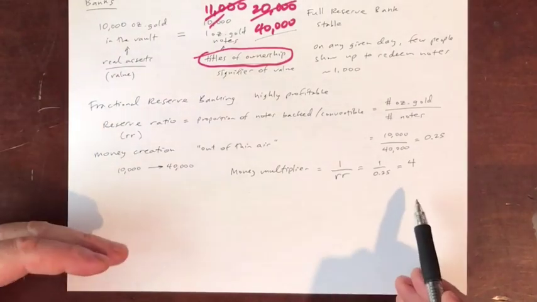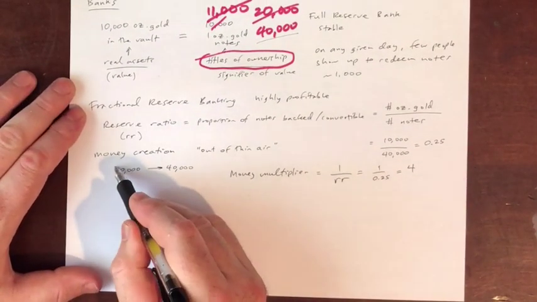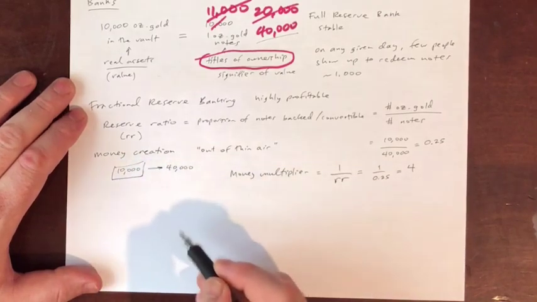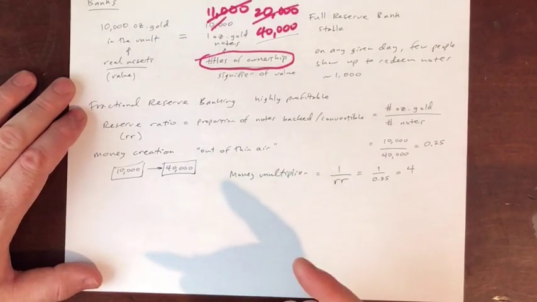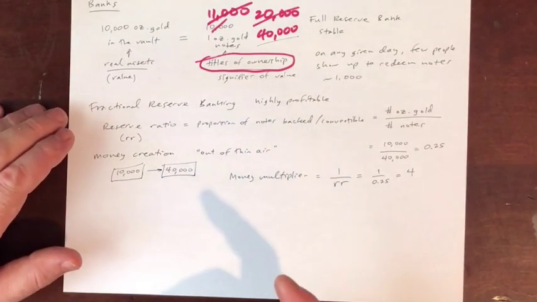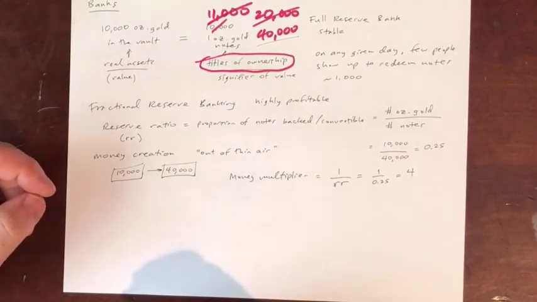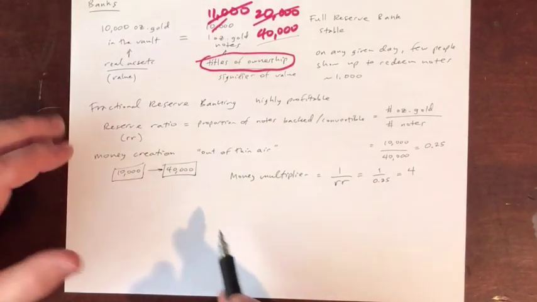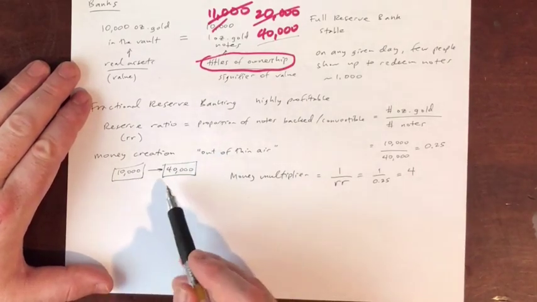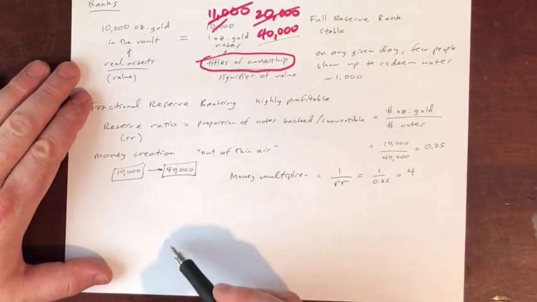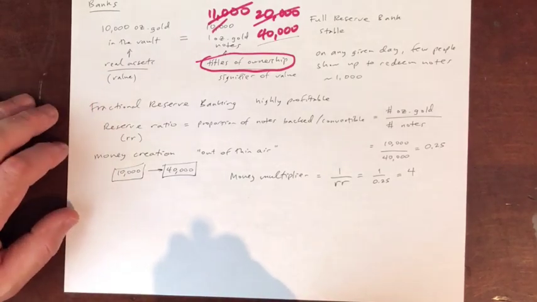And I think this meshes with what we just saw: 10,000 ounces of actual gold become 40,000 in spending power, because each one of those notes can be spent in the same exact way that a gold coin can be spent. Spending power, money, has appeared out of thin air. Amazing. That's money creation.